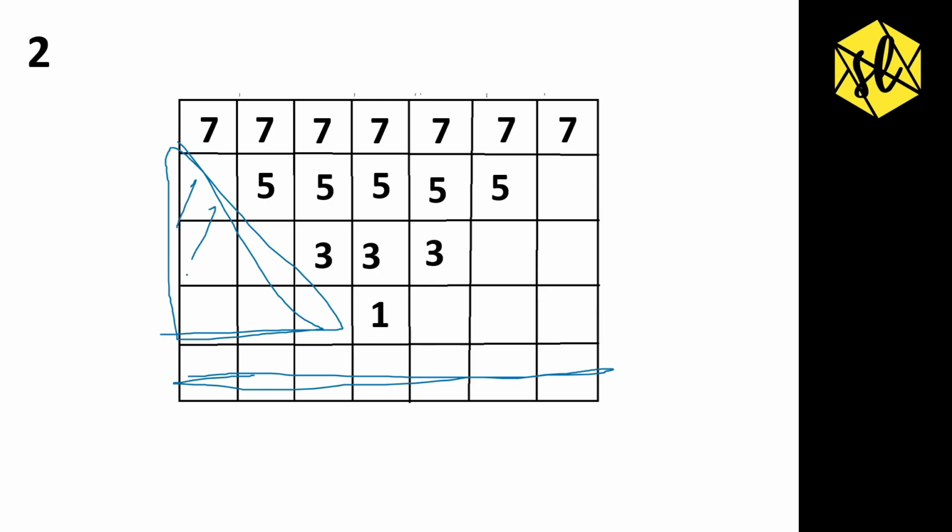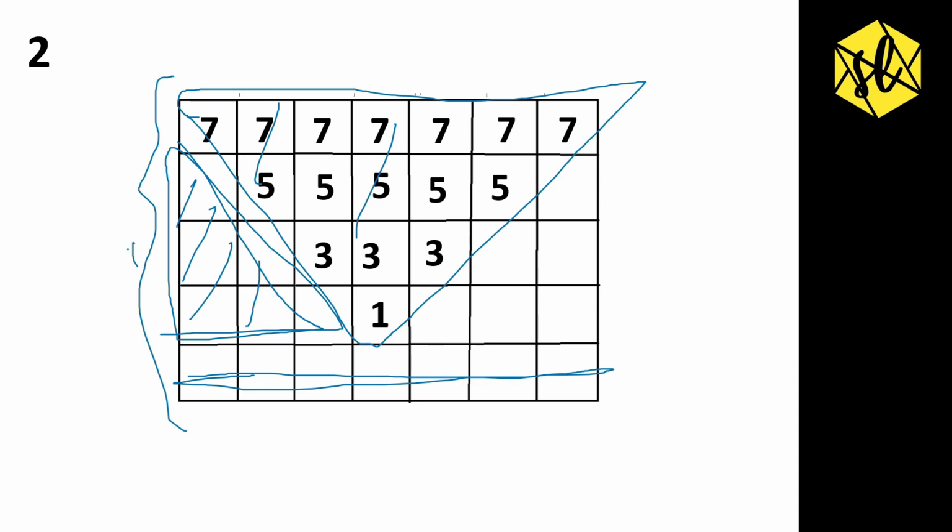For that we have to take one loop. Here is another pattern. For this also we have to make one loop, and for the entire thing we have to make one loop of I. So basically the concept here is the same as we have done in the previous video, that there will be an I loop.